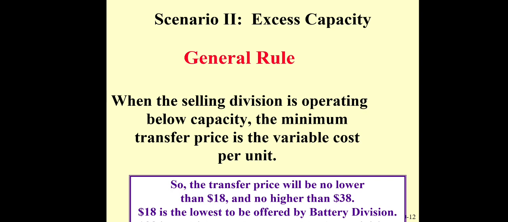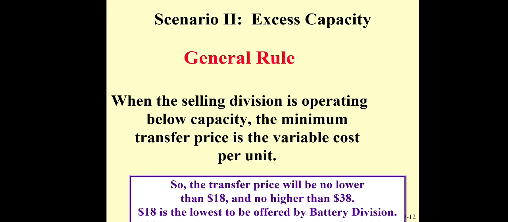So in this scenario, the transfer can happen if the transfer price is within the range of $18 to $38. If the transfer price is below $18, the transfer will not happen. Why? Because if the transfer price is below $18, the battery division will make a loss, because the cost for the battery division is $18.